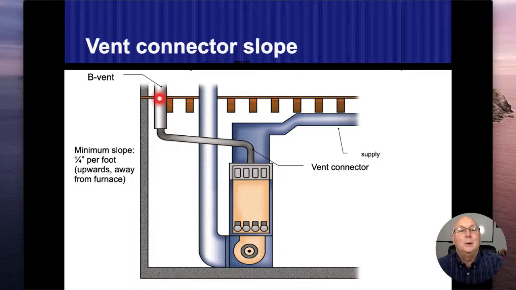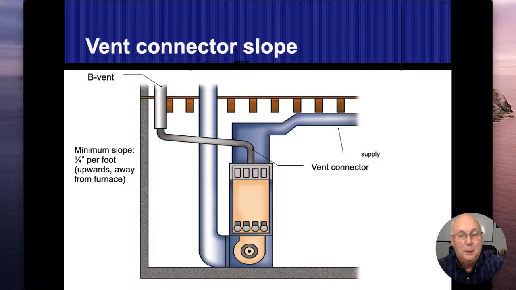The B vent can go through my structure, all the way through the house and up through the roof. The way B vents are usually designed, I can get a 1-inch clearance to combustible. So even though this illustration kind of shows it touching, there should be at least 1 inch. Vent connectors, for natural gas, are going to be 6 inches. I would like you to remember that.